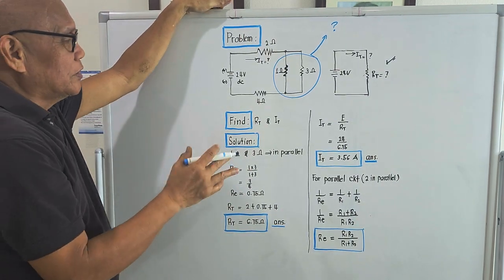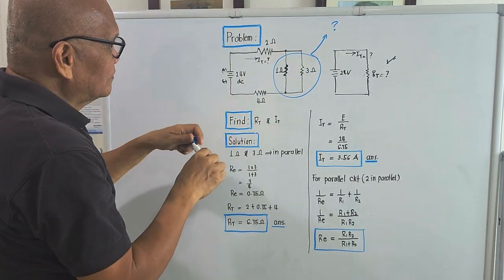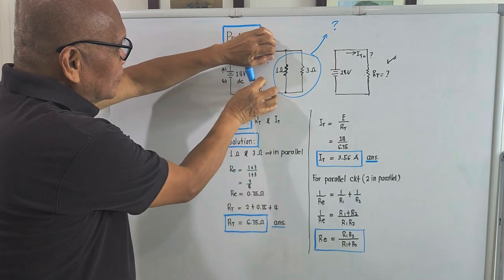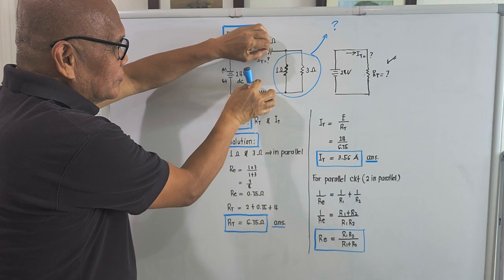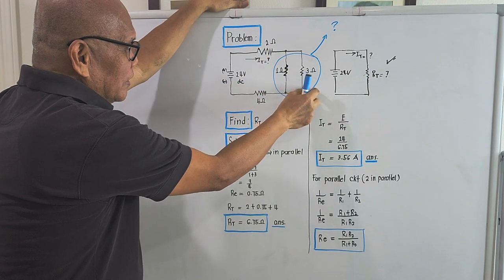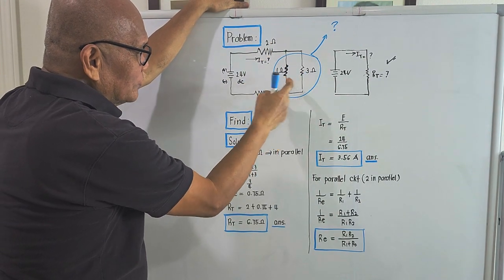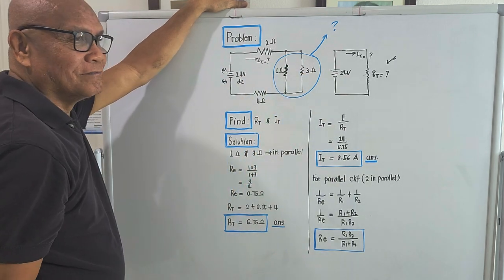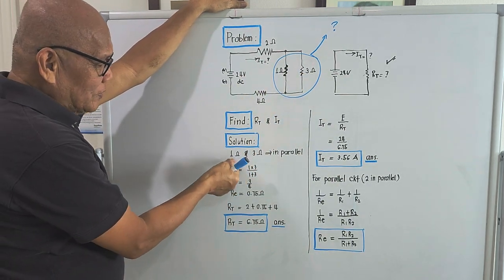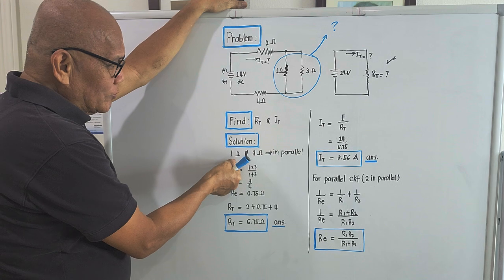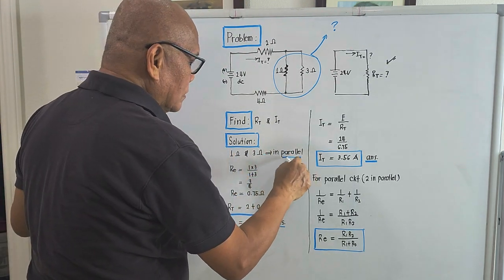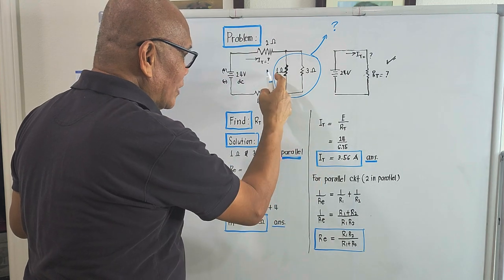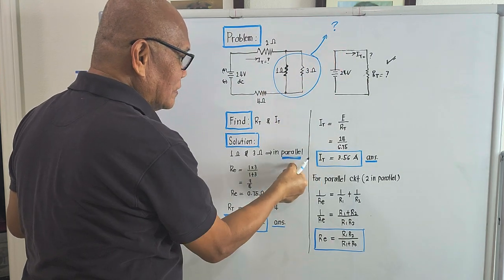For the meantime, assume that this portion here does not exist. Just think of this portion. These two here are in parallel, right? So I place it here. The 1 ohm and 3 ohm are in parallel, right?